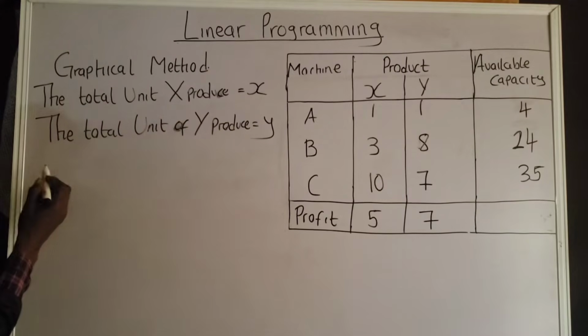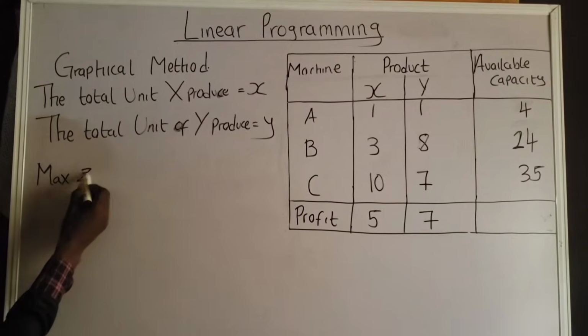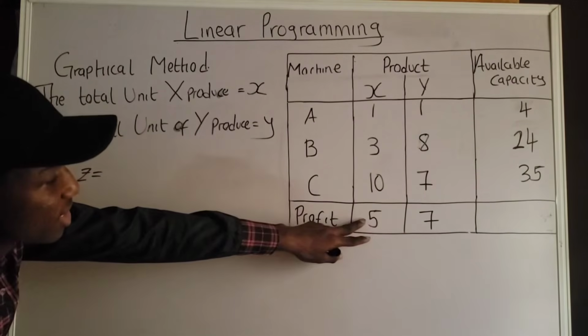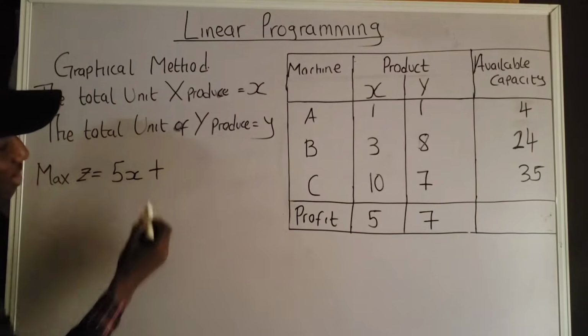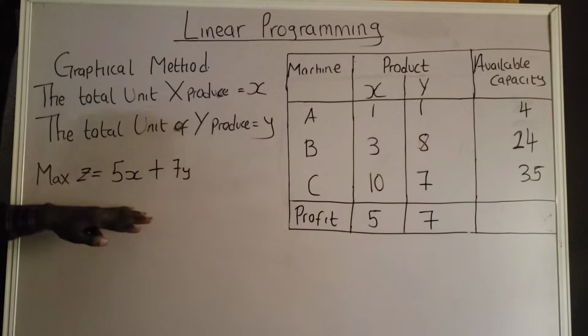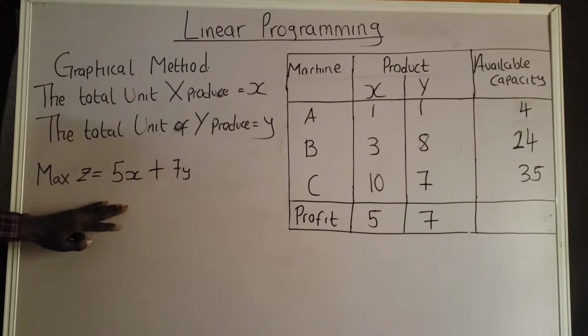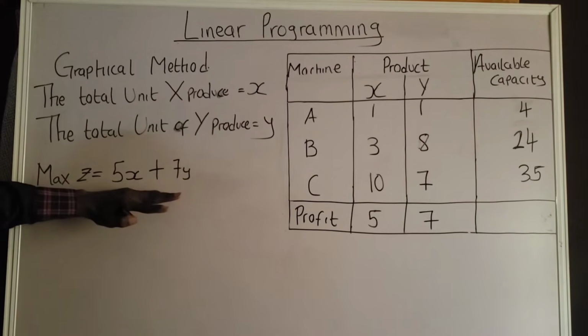So for the objective function, let me call it max Z is equal to 5x plus 7y. So this is the objective function. You understand? Immediately I know the amount of product X that the company produces, I can get the total profit by using this equation. You understand what I'm saying?